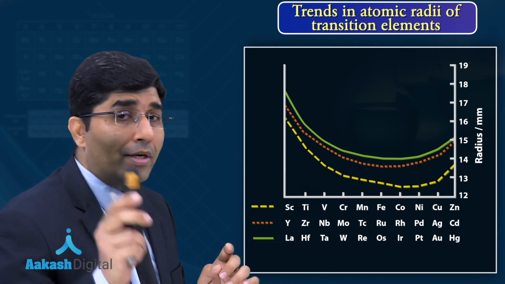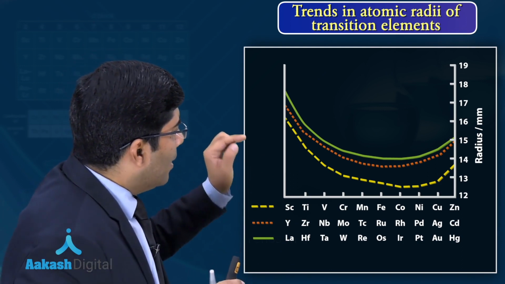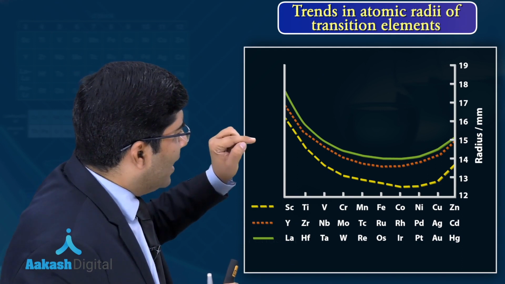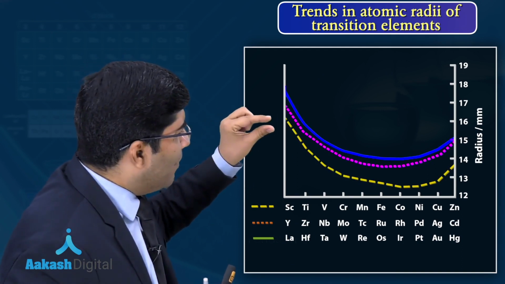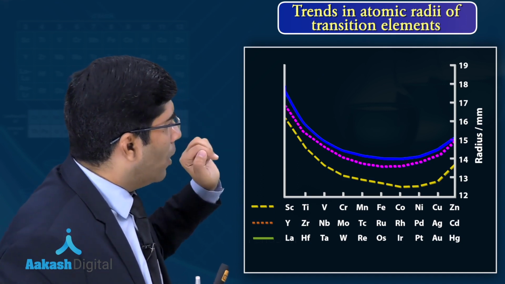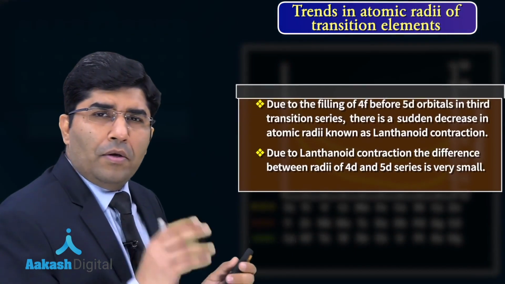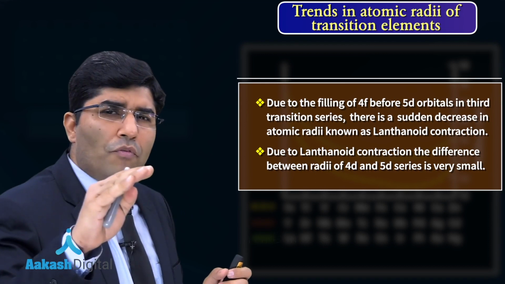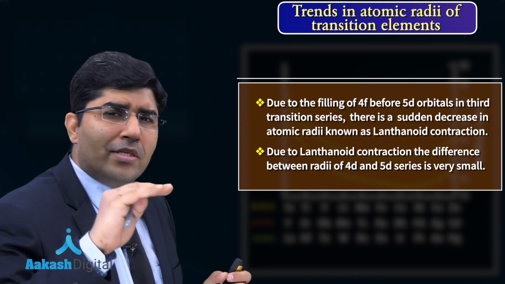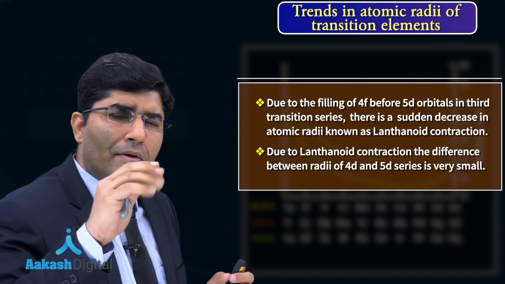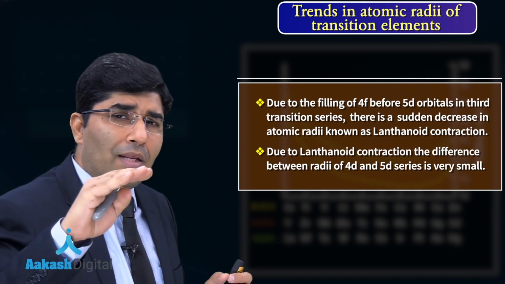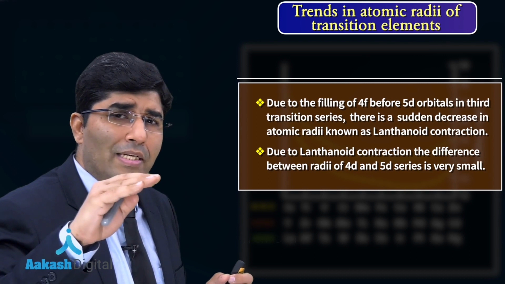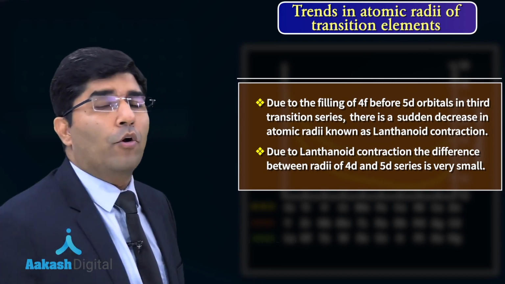Now one more point is there, that is the gap between 3d and 4d series is very large, but between 4d and 5d series the gap is very small. Why? Because the radii of the elements present in the 4d series is almost the same as the radii of the elements present in the 5d series due to the lanthanoid contraction.